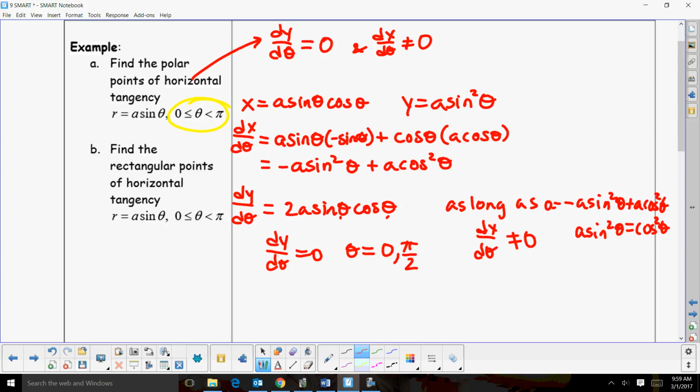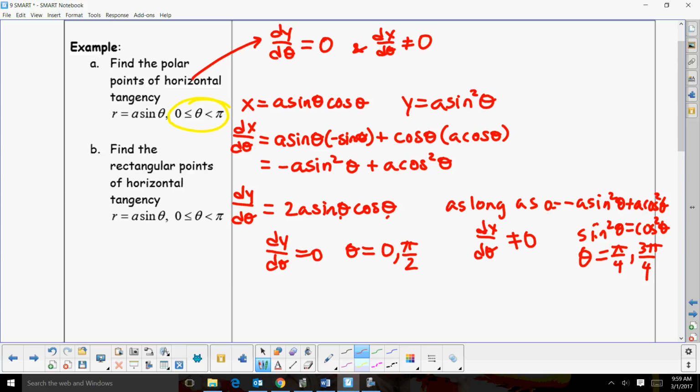The A's could cancel. We'll go ahead and cancel them. So where does sine squared equal cosine squared? Pi over 4, but then it's also squared, so what's the other one? 3 pi over 4, and that's still in the interval. Any more in that interval? Should you keep going? Nope.